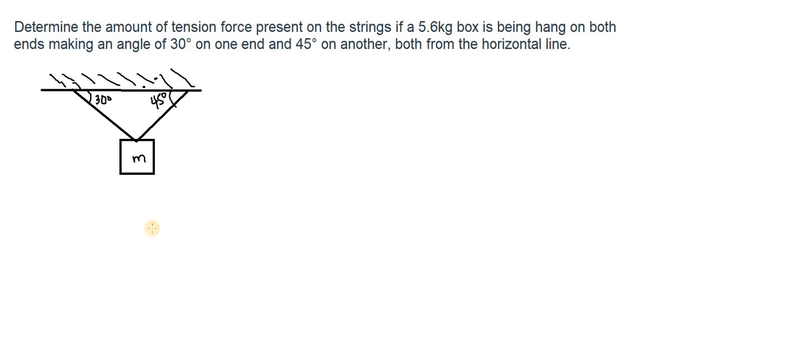So let's draw the free body diagram of this. Let's use a different colored pen. Here we have this tensional force, and we also have this tensional force, and of course, there's this object, so there is weight. Let's name this tension 2, and here the tension 1.